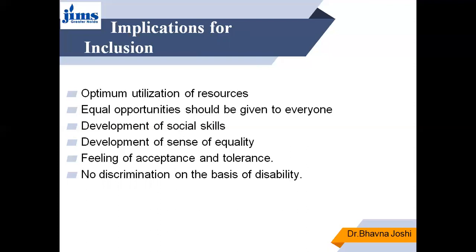There is a need to have that feeling of acceptance. Yes, I am this, and I am like this. So this feeling of acceptance and tolerance should be there, and no discrimination should be there on the basis of disability. Then only we will be able to have a socialization of children, and inclusion in this socialization process.